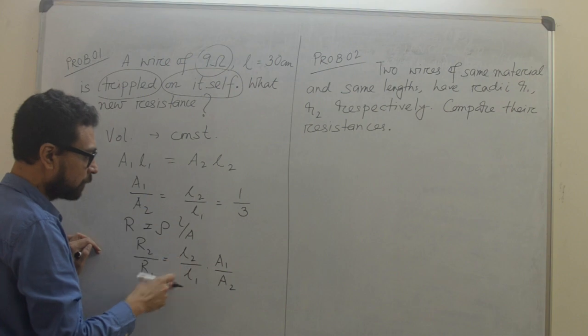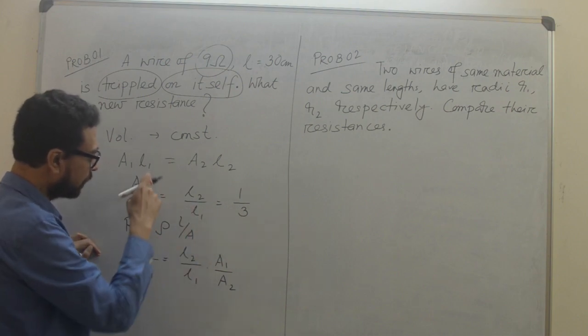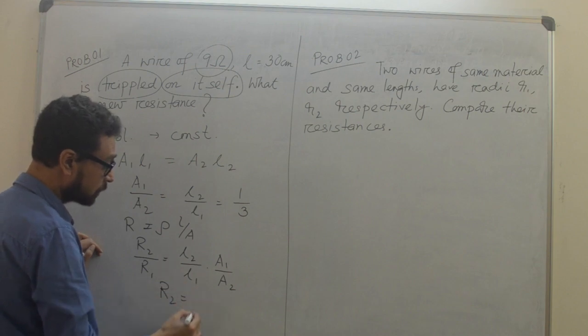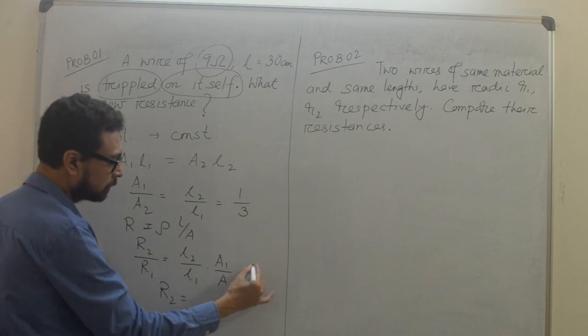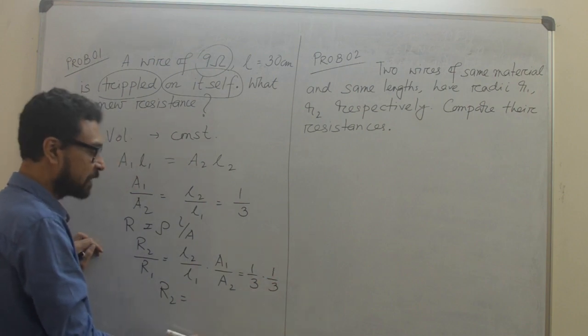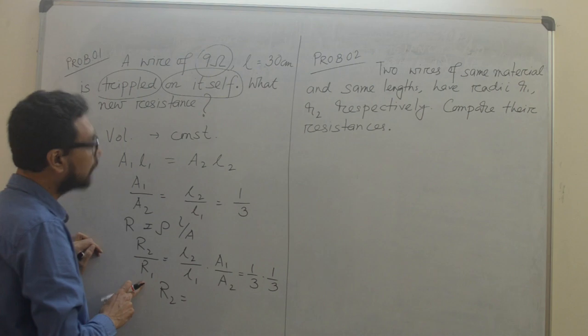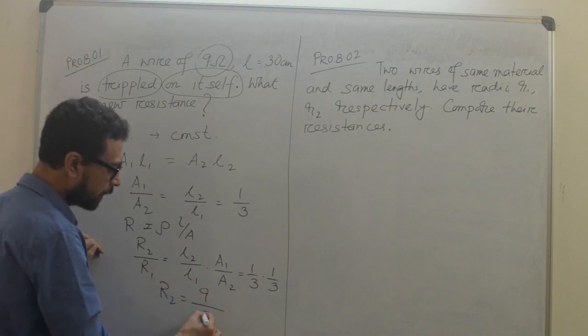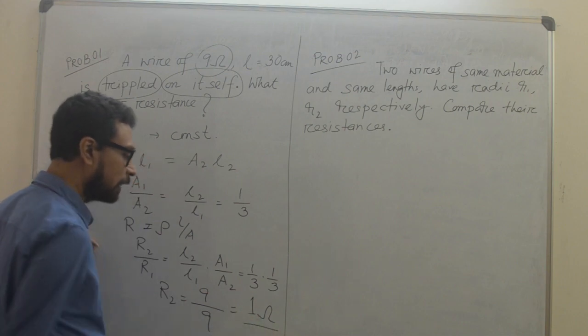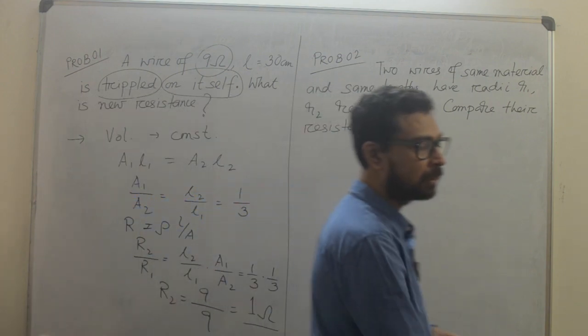L2 by L1 is 1/3, A1 by A2 is also 1/3. So R2 by R1 is 1/3 into 1/3, which is 1 by 9. R1 is 9, so I can say 9 by 9. So the answer here for the new resistance is 1 ohm.